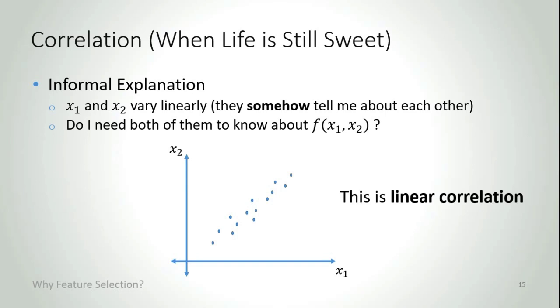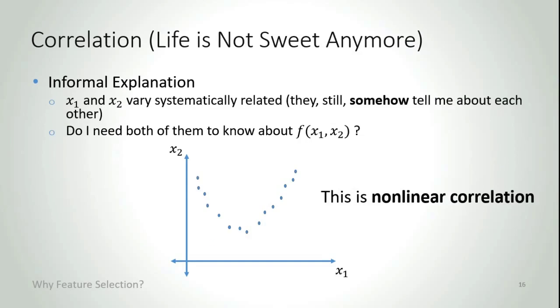This is linear correlation. In this case, if I have x1, then to some extent I also have information about x2 because they are linearly correlated. So I most probably don't need both of them to answer my question, which is about the function based on these two variables.